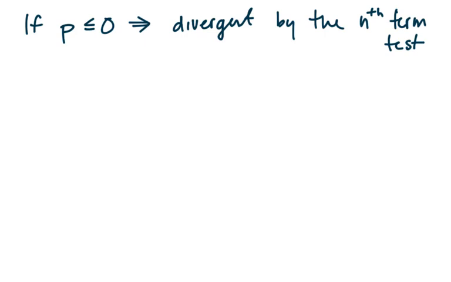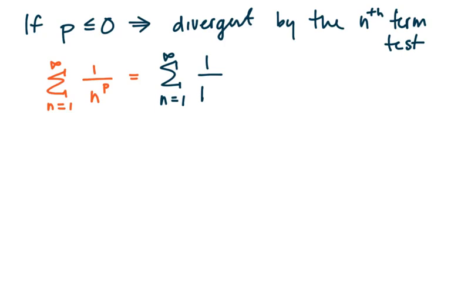And so what we mean by that here, the sum of n equals 1 to infinity of 1 over n to the p. So if I let that be equal to a negative value, negative p, then that would be the same as 1 over n to the negative p, which is n to the positive p.